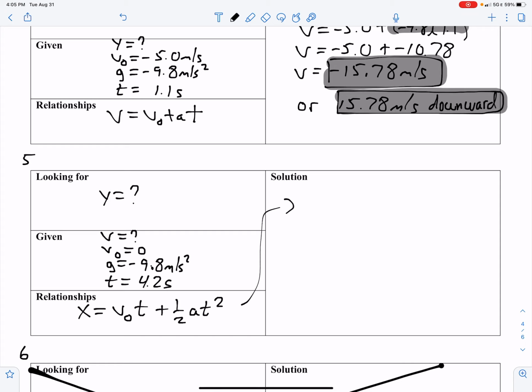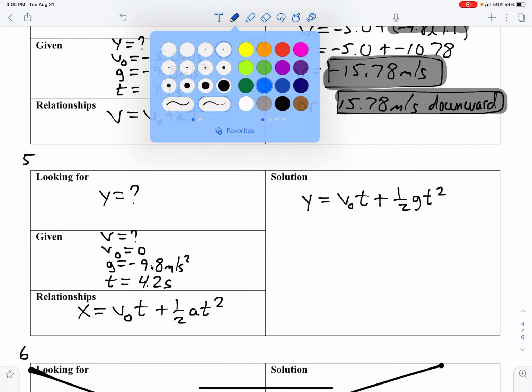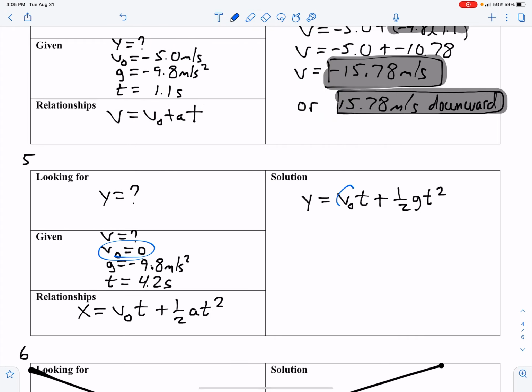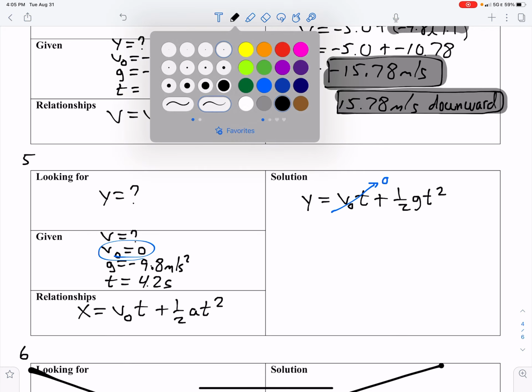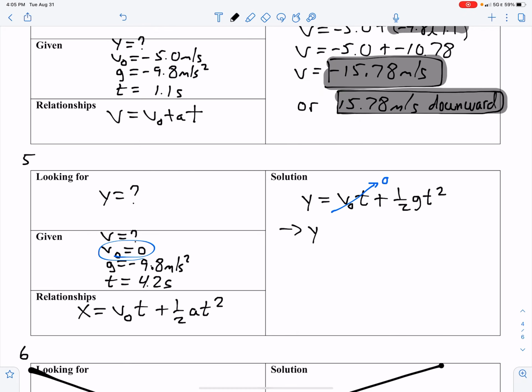Translating this to vertical free fall acceleration, x becomes y, v naught t is the same, plus 1/2 g t squared. Now, if you remember, v naught is 0, so 0 times time is all 0, and that middle term completely goes away, reducing the equation to y equals 1/2 g t squared.